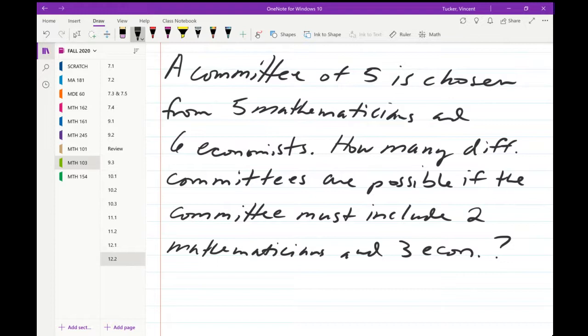All right, a committee of 5 is chosen from 5 mathematicians and 6 economists. How many different committees are possible if the committee must include 2 mathematicians and 3 economists?